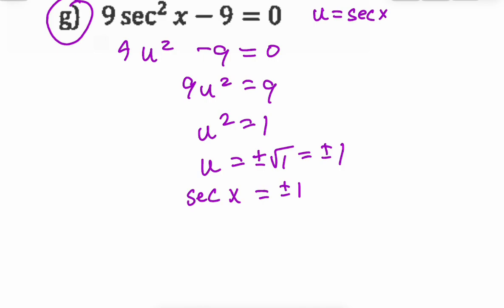So what is the reciprocal of 1? 1. So that's a great one anyway. So I'm really going to think on the unit circle. We're only looking at unit circle values from 0 to 2 pi. Where is the cosine positive 1? Where is the cosine negative 1? There is only one spot on the unit circle where it's positive 1. That would be at 0. There is only one spot on one flip around our unit circle where it's negative 1, and that's at pi.